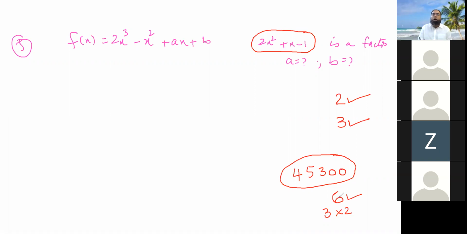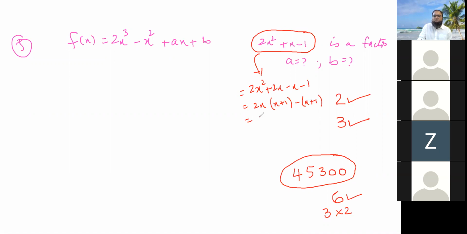Okay, so as you guys have suggested, we need to factorize this. So I'll be doing that middle term breaking here, okay? So this is 2x into x plus 1 minus 1 into x plus 1.